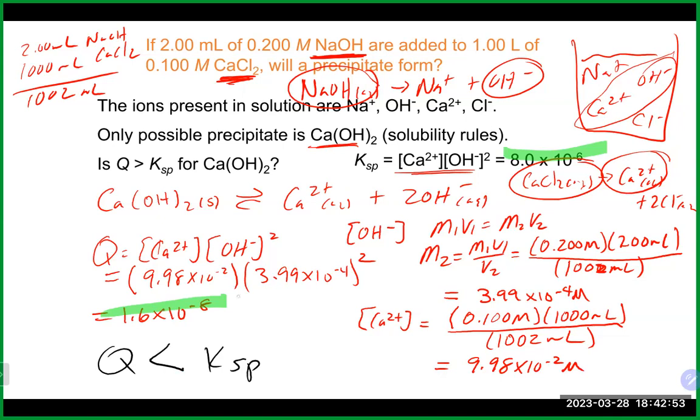So our Q value is to the minus 8. Our Ksp, I believe, is to the minus 6, even though I scribbled all over it, but I think it's to the minus 6 there. That means our Ksp value is actually larger. Would I expect a precipitate to form in this case? The answer is no precipitate. It would actually go the opposite way towards the product side, and you would have aqueous ions, basically.